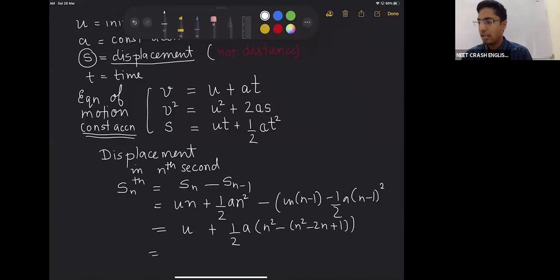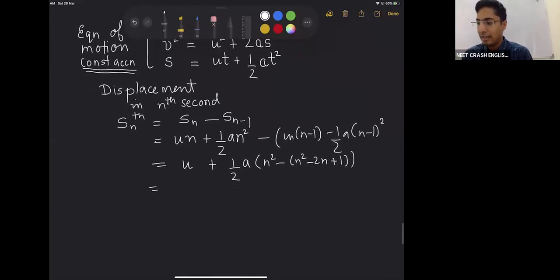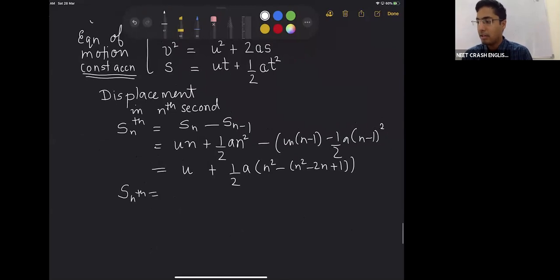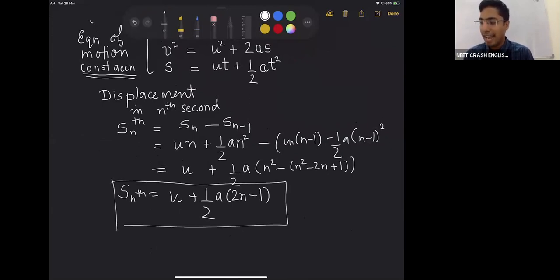So S at nth is u plus half a (2n minus 1). This is the displacement in the nth second.